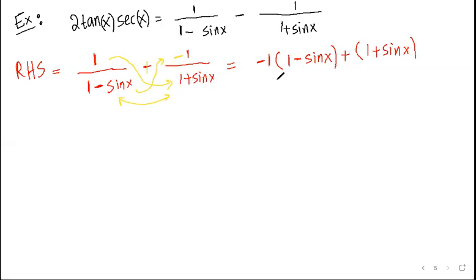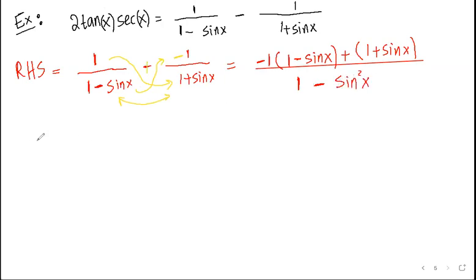It's the complete the square. So 1 minus sine times 1 plus sine is equal 1 minus sine x square.